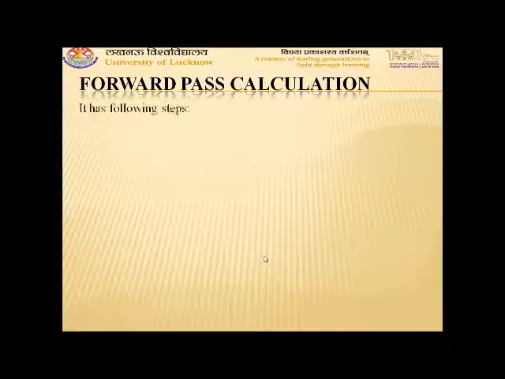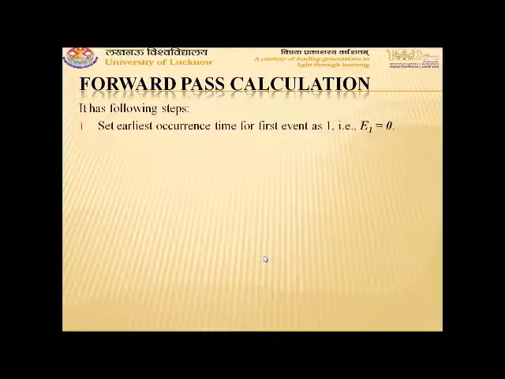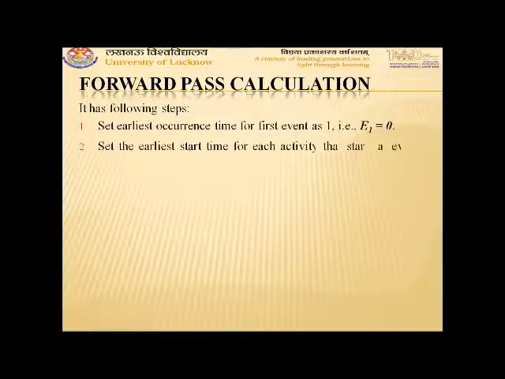In forward pass calculations, some steps are used which says set earliest occurrence time for event 1 as 0. That means E1 is taken as 0. Then second step states that set the earliest start time for each activity that starts at event I using ES_IJ is equal to E_I.